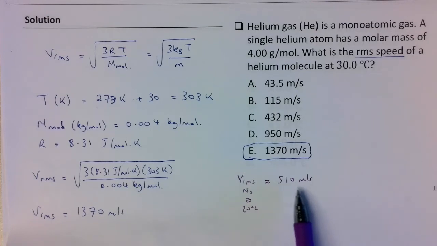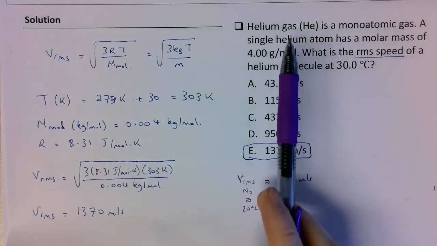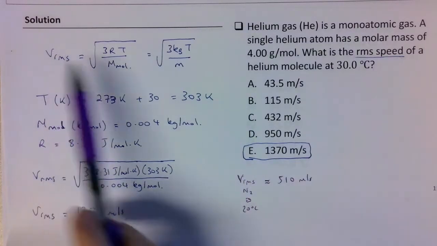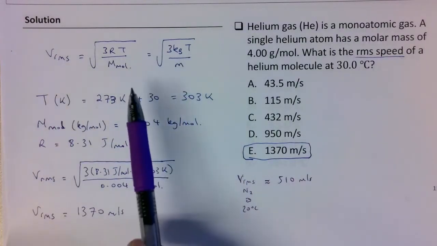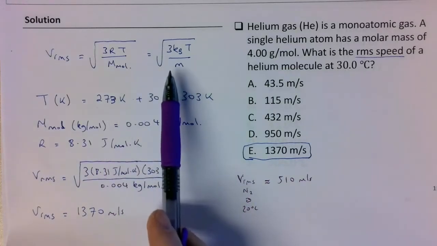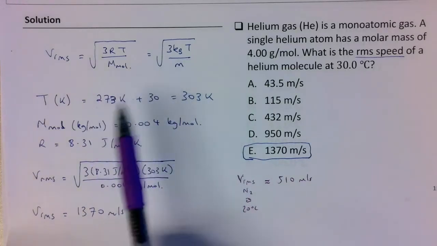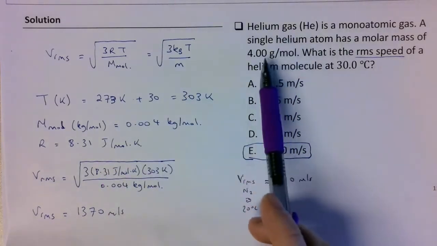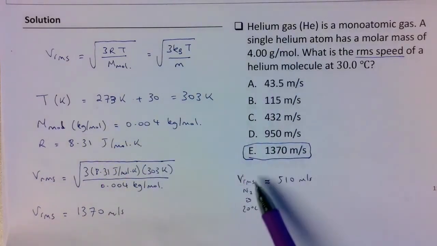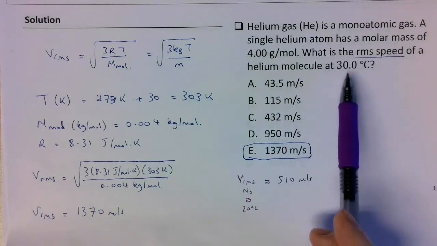So what we're looking at is a much smaller gas molecule. The RMS speed is inversely proportional to mass. So a smaller molecule at the same temperature would definitely move at a significantly higher speed. Not only are we looking at a significantly smaller molecule than nitrogen, we're also looking at a higher temperature than room temperature.